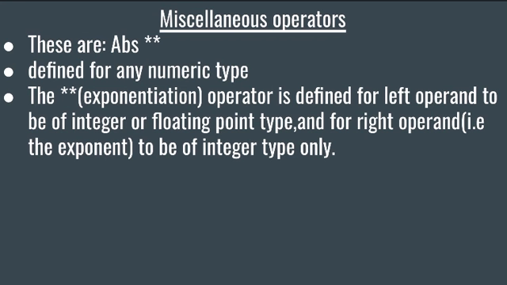The exponent operator is defined for the left operand to be of an integer or floating point type, and the right operand, which we call the exponent, of an integer type only. The not operator has the same precedence as the above two operators, and we can see the not operator also in this last group.